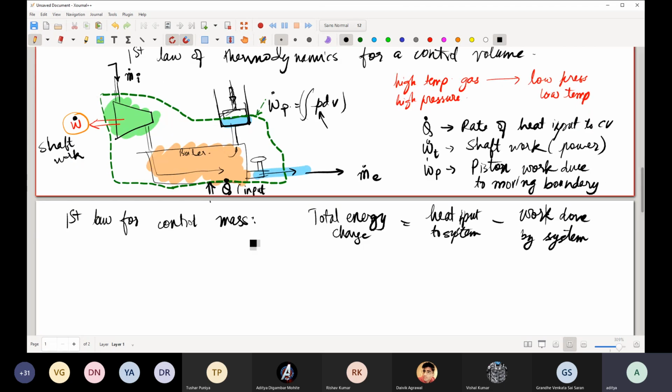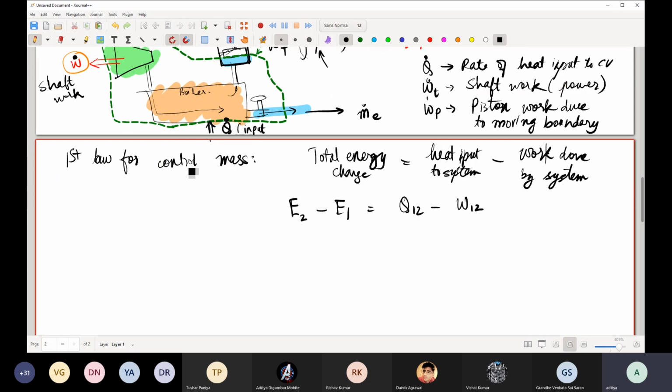So we can write it as E2 minus E1 is equal to Q12 minus W12, where E comprises the internal energy plus half mv square plus potential mgh.